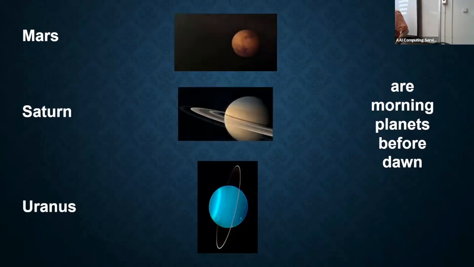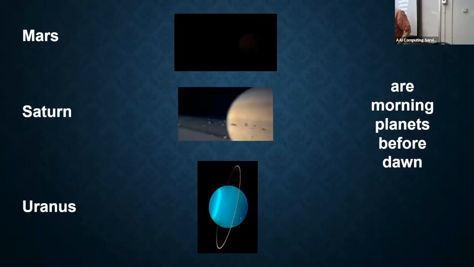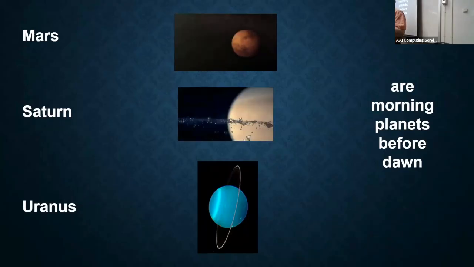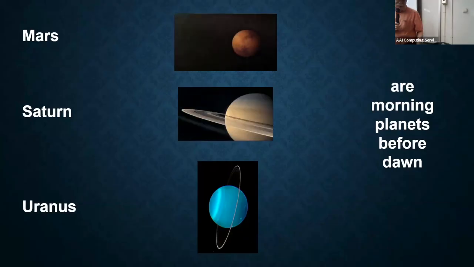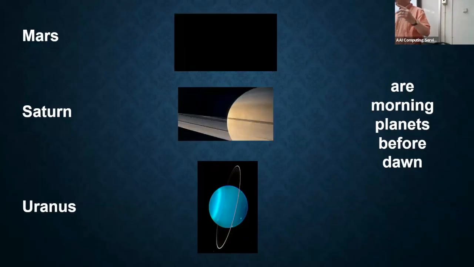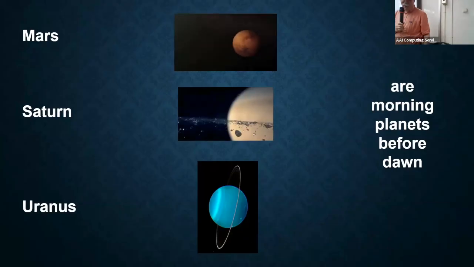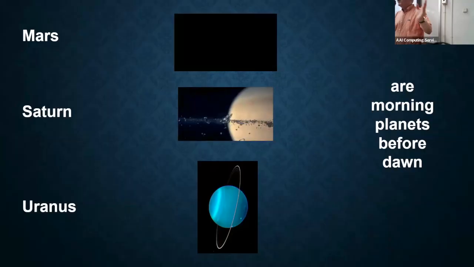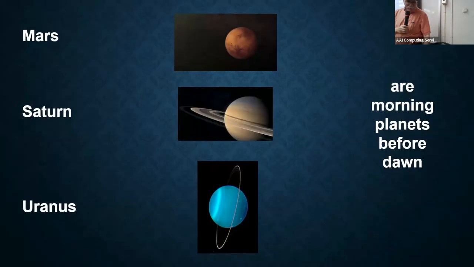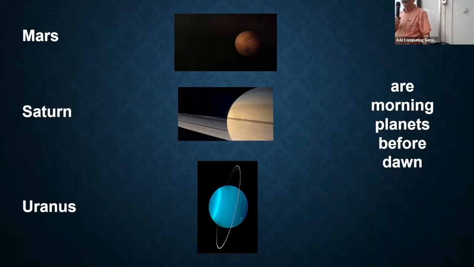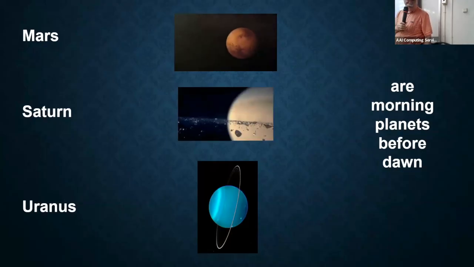If you get up 4 minutes earlier each day, you should see Saturn in the same place. So by the end of the summer, Saturn will be out at prime time, which is always our biggest sight. And Uranus is also out in the morning.